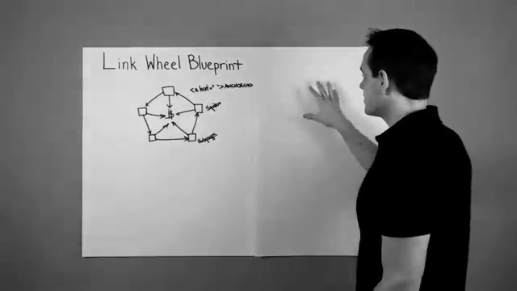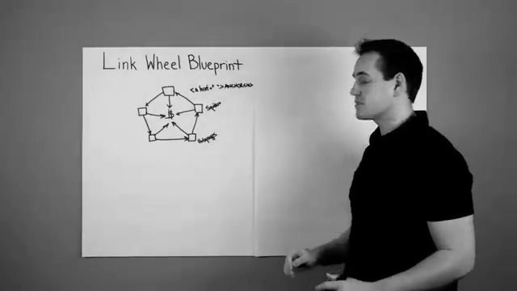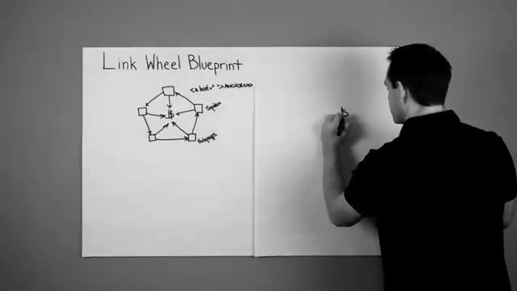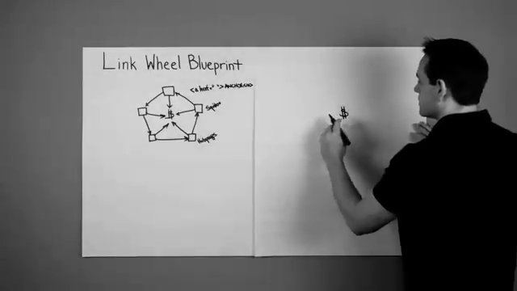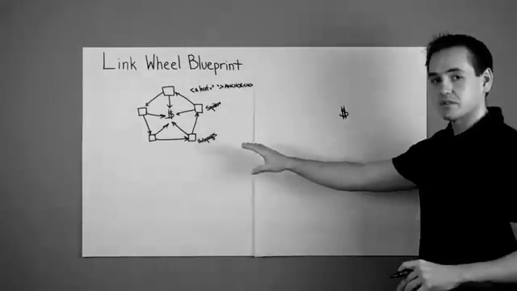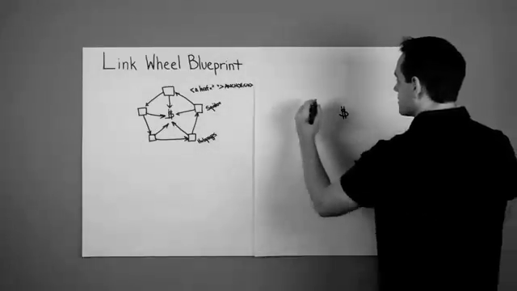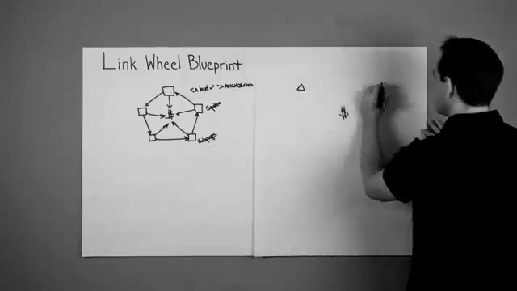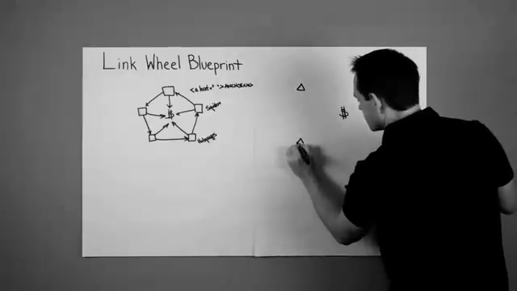Now what I'm going to draw today is an overview of my improved linking strategy. So if we have our money site, I'm going to show you a blown up full view of it. And we're going to use several link wheels, and we're going to use an improved link wheel strategy. So we have two tiers. In the middle of the link wheels we have tier 1 properties, and we're going to use triangles to illustrate tier 1.